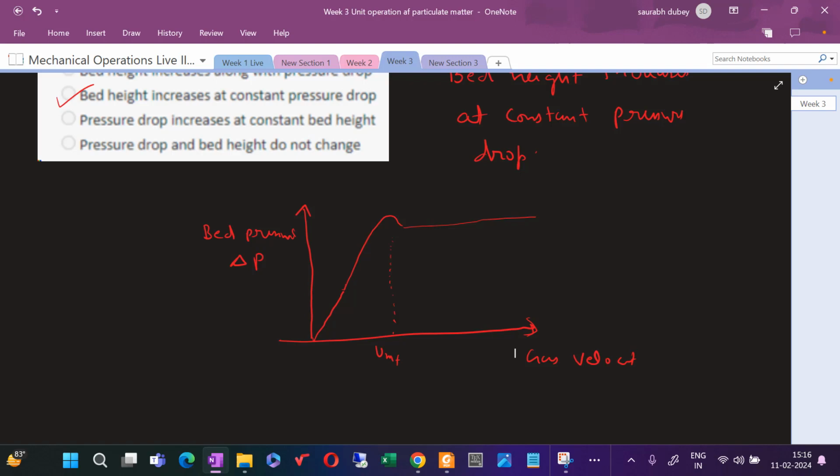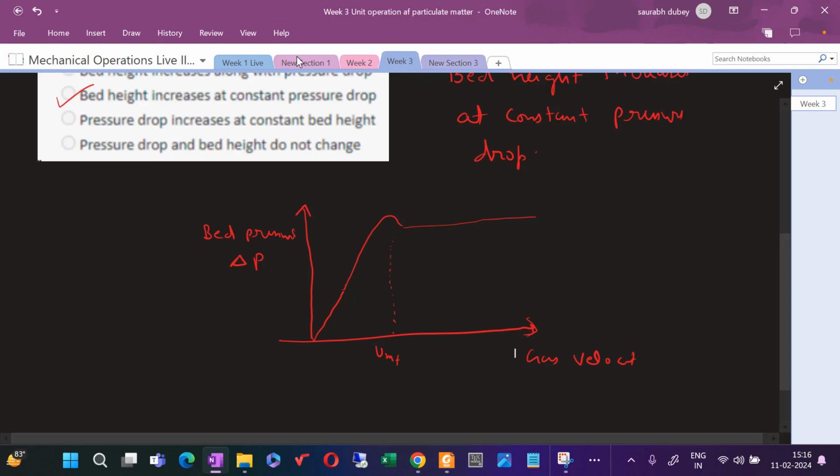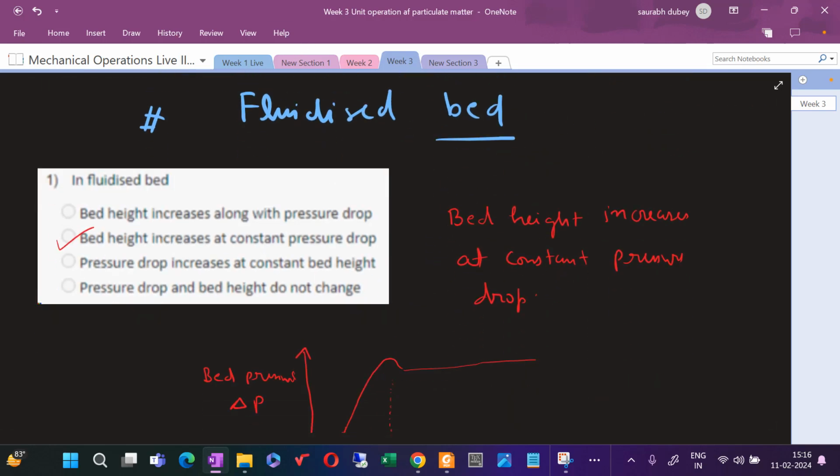So bed height increases at the constant pressure drop, and that is the correct answer.